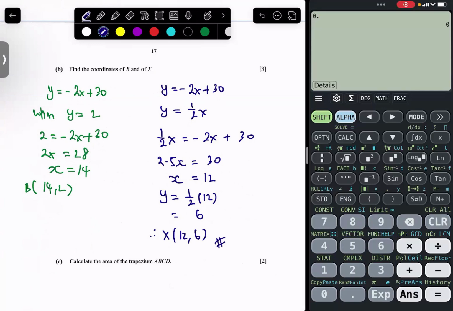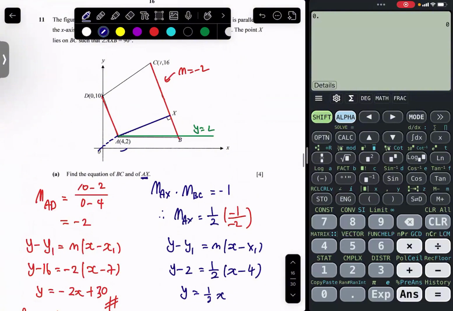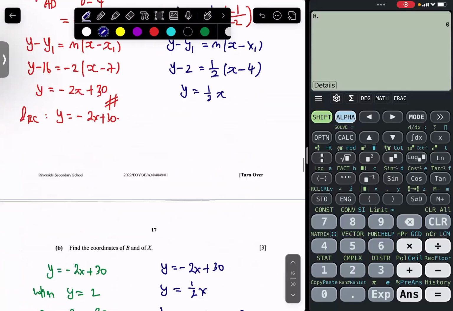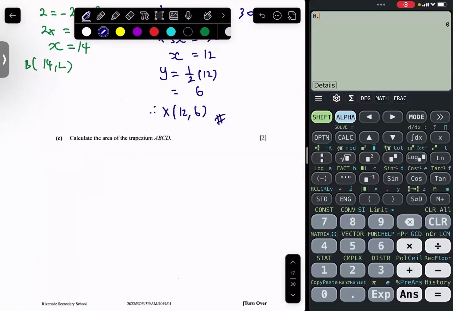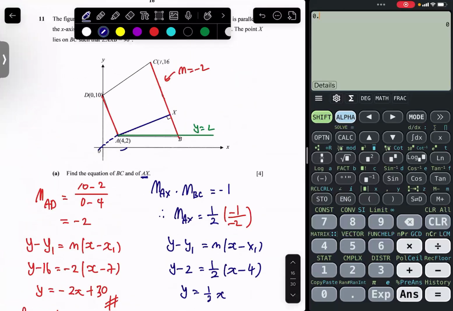Calculate the area of the trapezium ABCD. In this case, you can actually use the trapezium formula, but it's a bit tedious. When it comes to A-math area, we'll just use the shoelace method. So area equals half. Remember, pick a starting point and go anti-clockwise. Since there's a 0, I will try to make use of the 0.